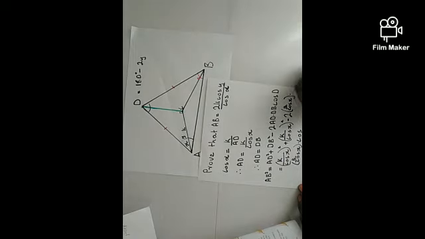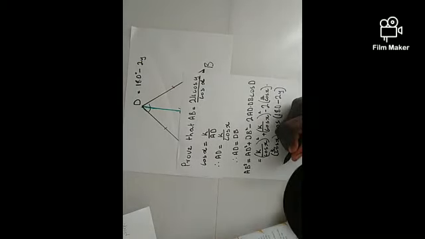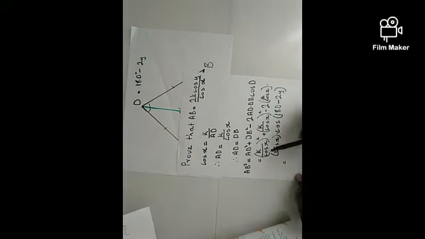D is 180 minus 2y. Then we continue working this out. K over cos X squared plus K over cos X squared gives us 2K over cos X all squared.